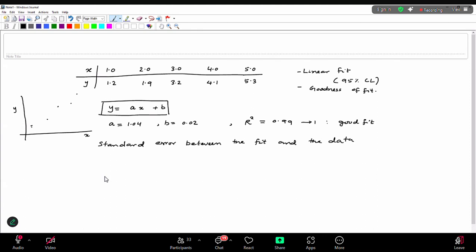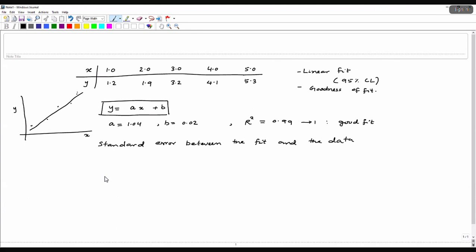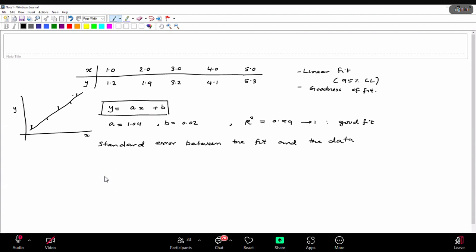So you have 5 data points, and then you have found a fit. The question is, each data point and the fit has some error, right? So how do you find the standard error between the fit and the data point? So that means your y equal to ax plus b plus minus something, which is basically the error.